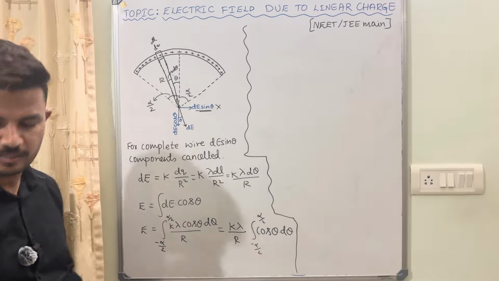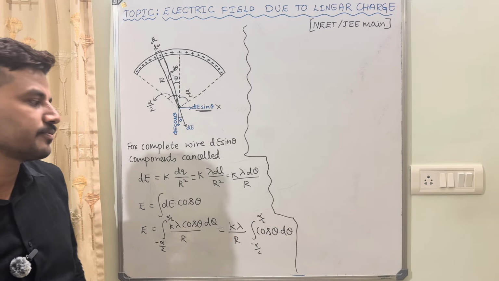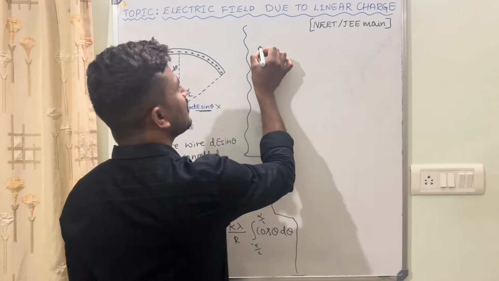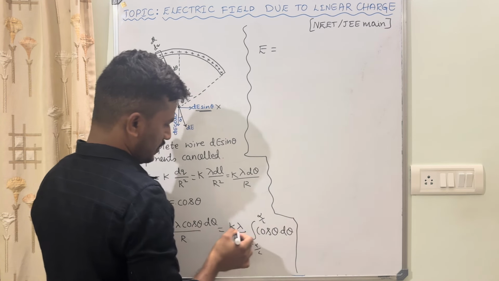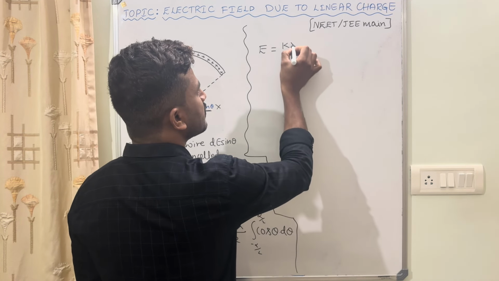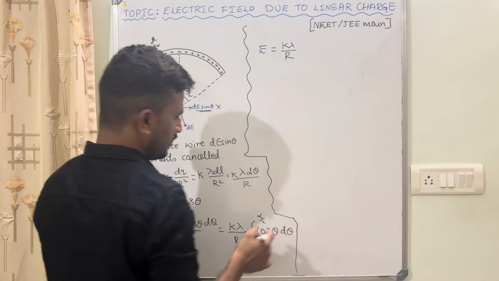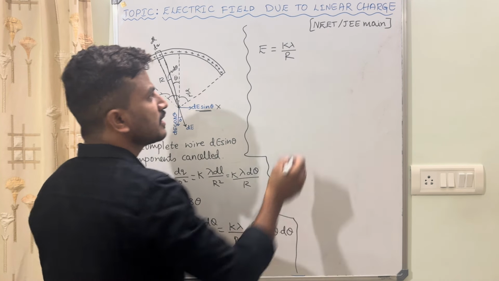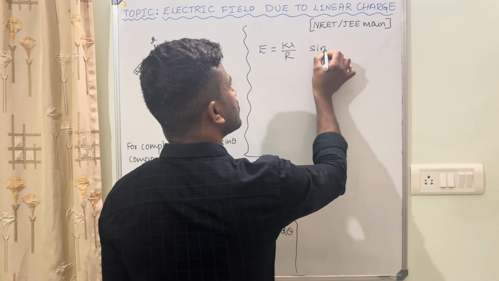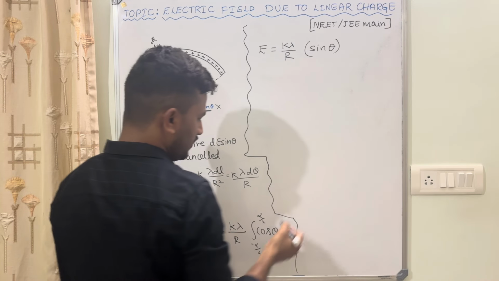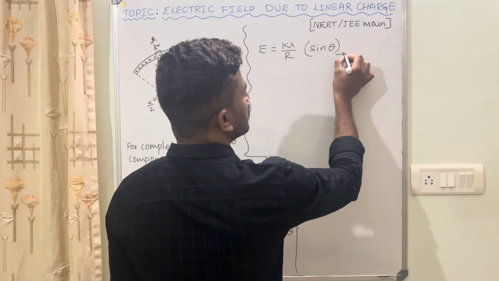Integrate this. If you integrate this, what do you get? We have E is equal to k lambda by r. Integration of cos theta is sin theta between the limits minus alpha by 2 to plus alpha by 2.